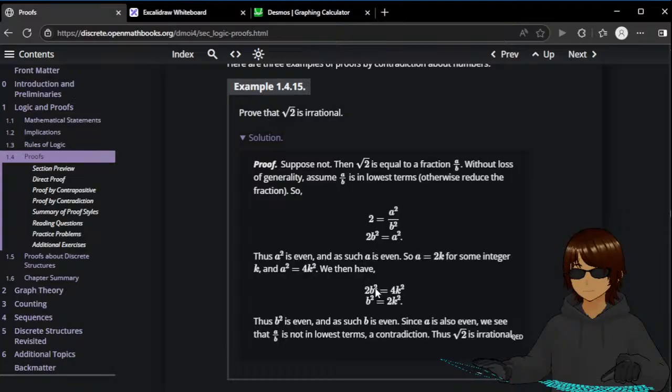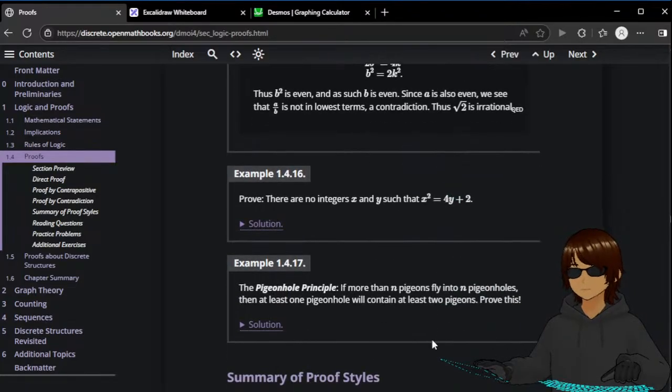We then have 2b squared is equal to 4k squared, so b squared is equal to 2k squared. Thus b squared is even, and as such b is even. Since a is also even, we see a over b is not in its lowest terms, a contradiction. Thus, root 2 is irrational.